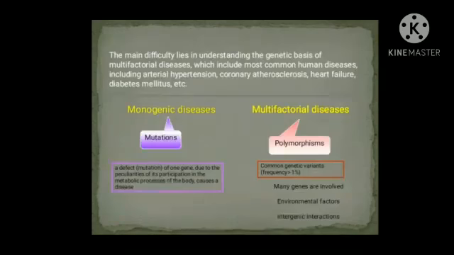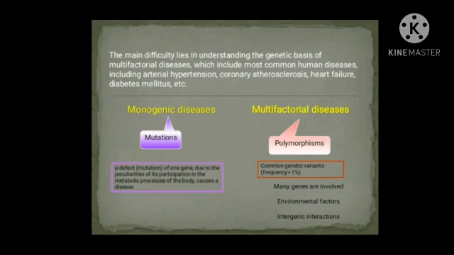The main difficulty is in understanding the genetic basis of multifactorial disease, which includes most common human diseases, including arterial hypertension, coronary atherosclerosis, heart failure, diabetes, and so on. And if we speak about differences between monogenetic disease and multifactorial disease, we need to say the following.